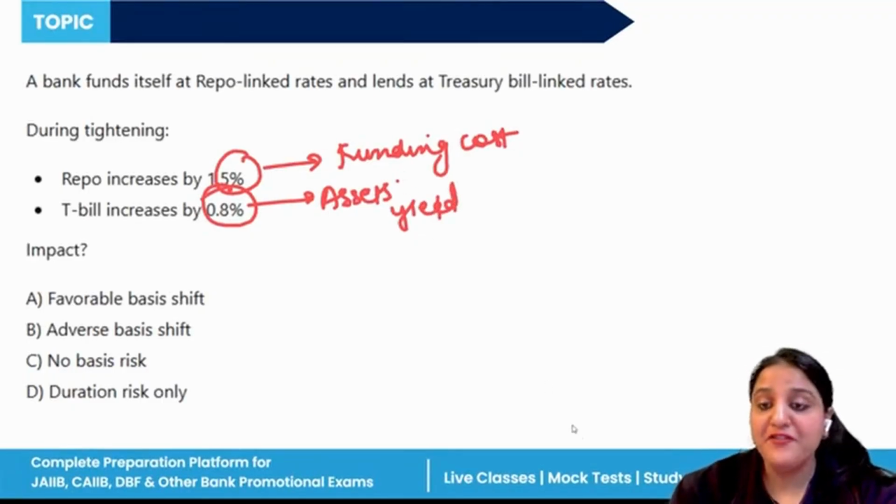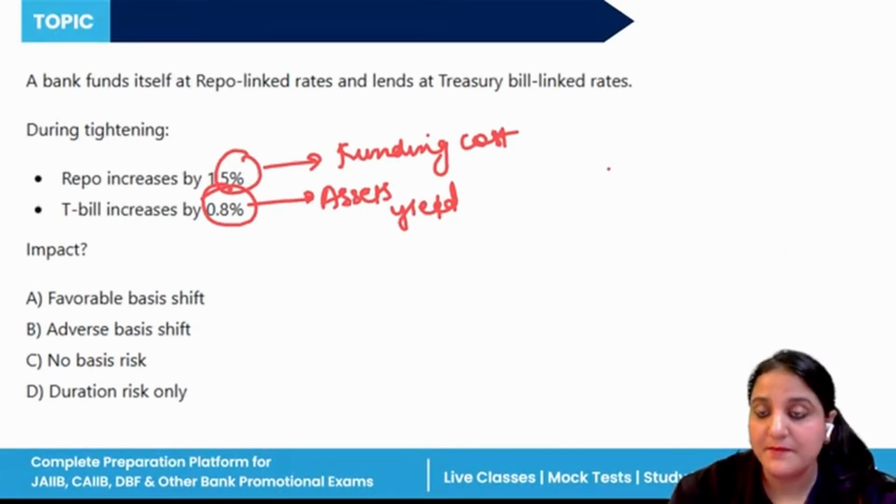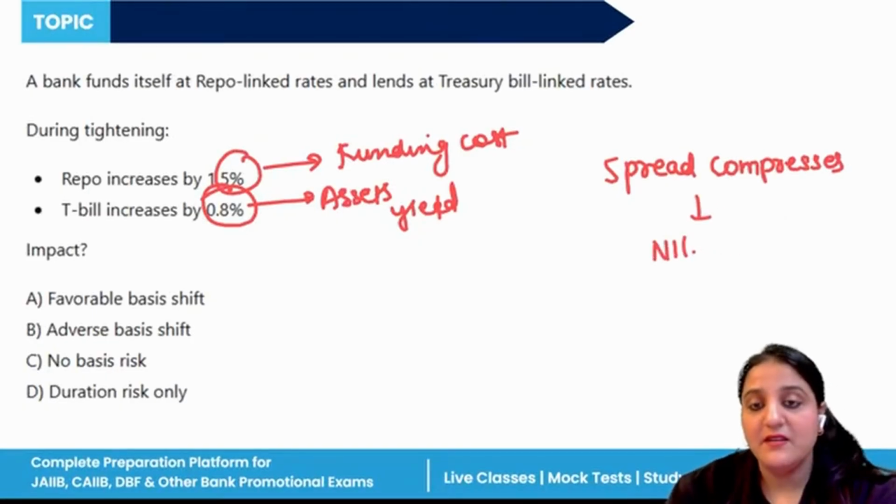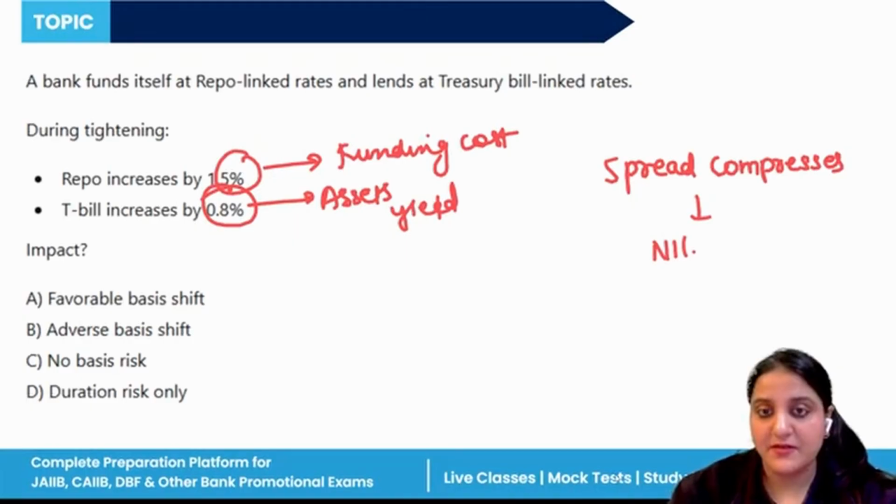So if the spread compresses, that means NII here contracts.